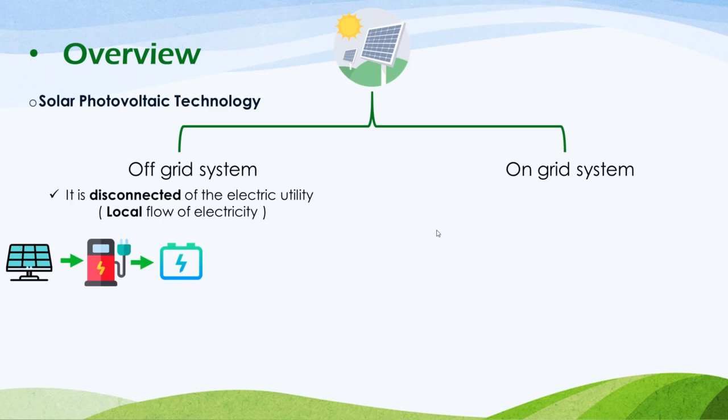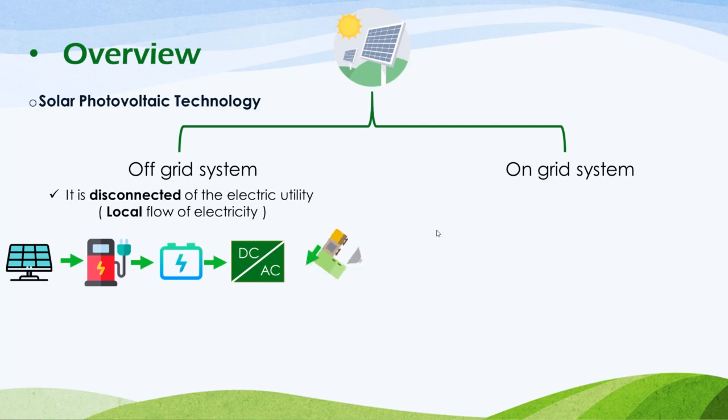But the problem now is that the stored electrical energy is DC current, while most electrical devices or appliances we use work on AC power, or alternating current. So we need to convert this DC current to AC power. For this reason, we use an inverter, which is a power electronic device that converts DC power to AC power.